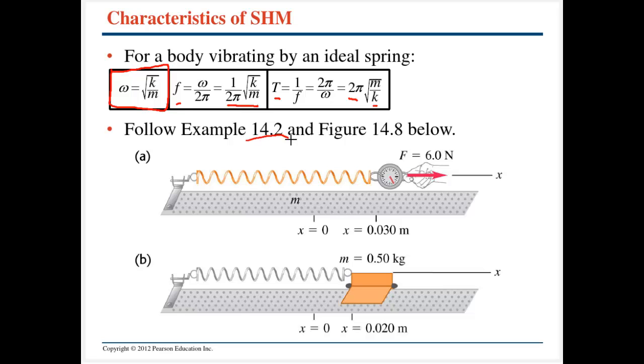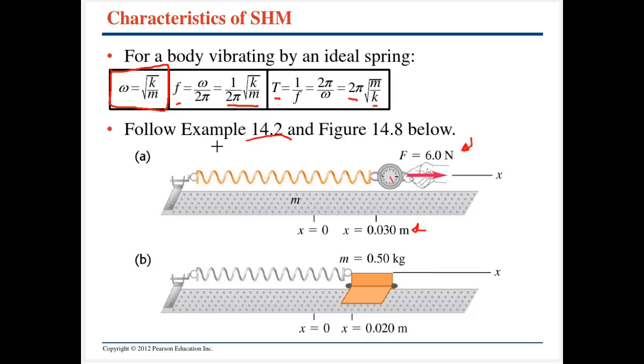If we look at example 14.2, it says go ahead and calculate what these parameters are. It says you have to apply a force of 6 newtons to stretch the spring out to 0.03 meters. What that lets you do is figure out what your spring constant is.